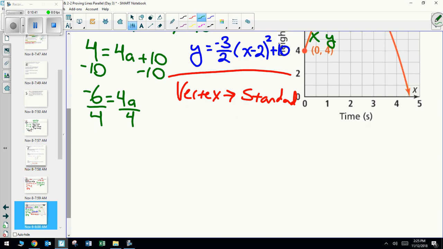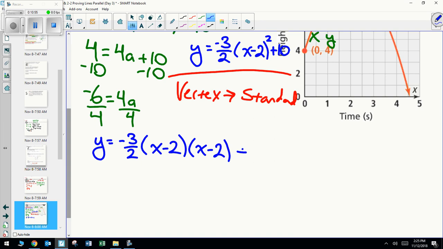So rewriting the problem down here, I have my vertex form, and instead of writing squared, I'm just going to expand this because squared just means times itself twice. So I can rewrite my given problem. Instead of saying x minus 2 squared, just say x minus 2 times x minus 2. The first thing I'm going to do is FOIL this together.